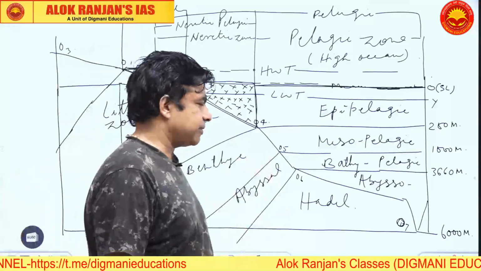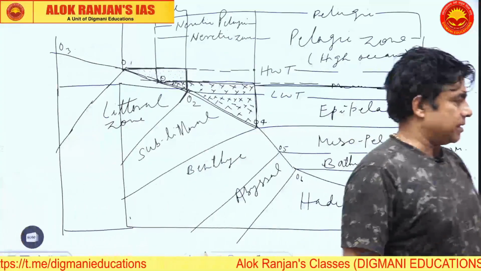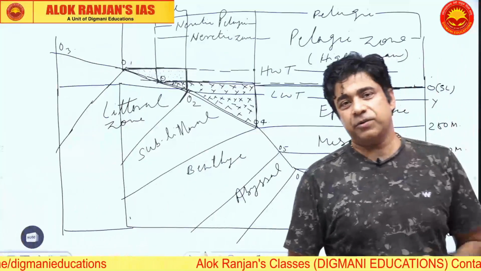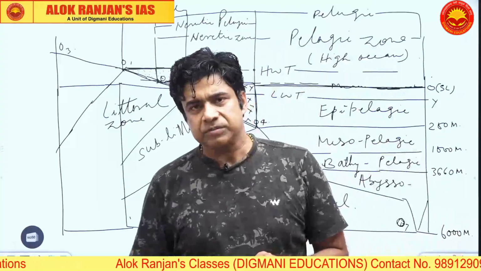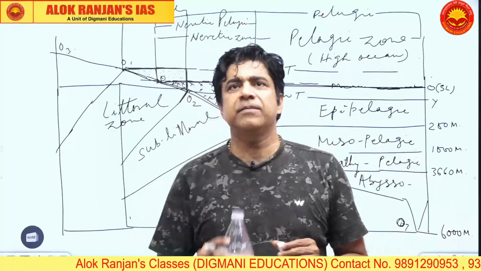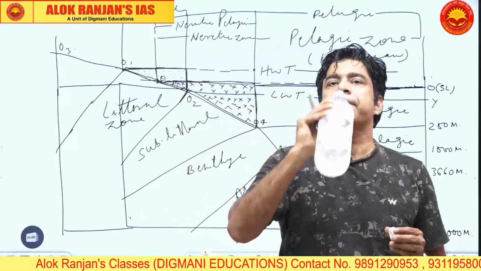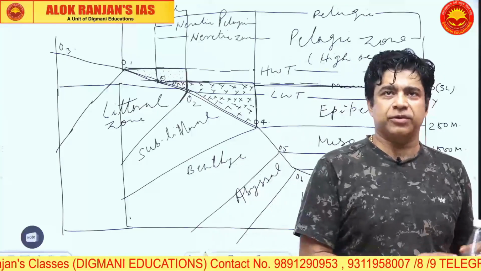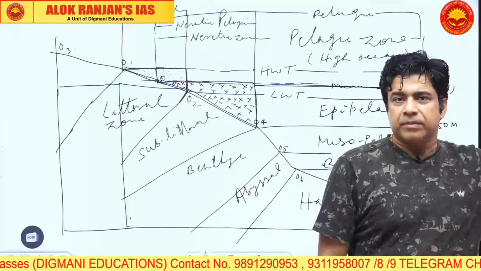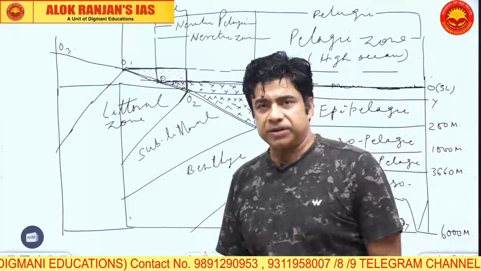Okay, so this was a discussion on the bio-ecozone of the ocean. I hope you have this diagram. Mangroves also exist in the littoral zone. Yes, true. Mangroves are very much part of the littoral zone.